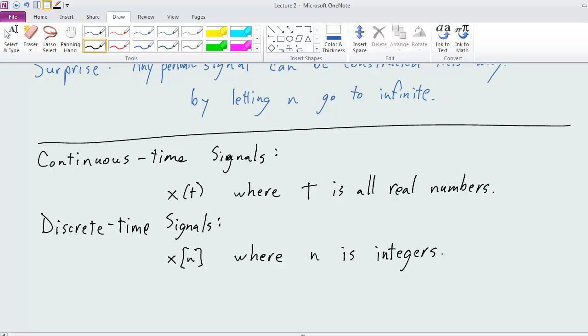So discrete time signals are actually sequences of numbers, and continuous time signals are functions on the real axis.